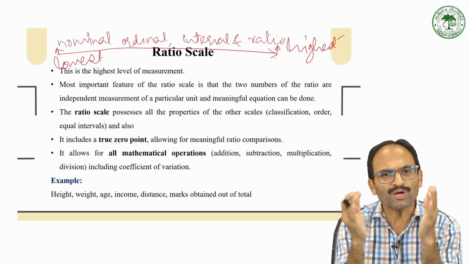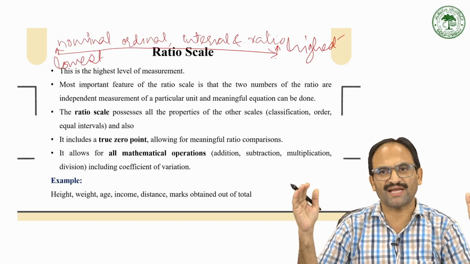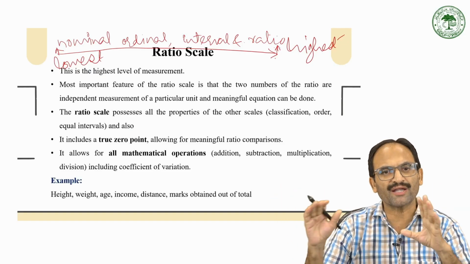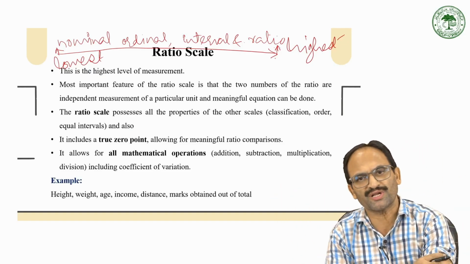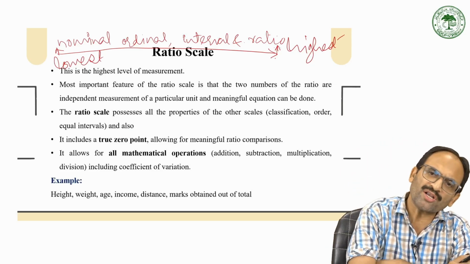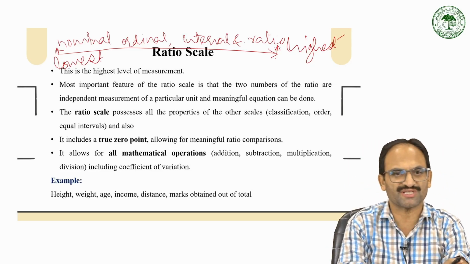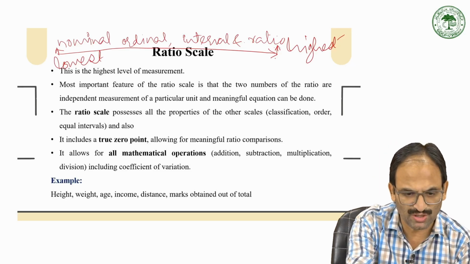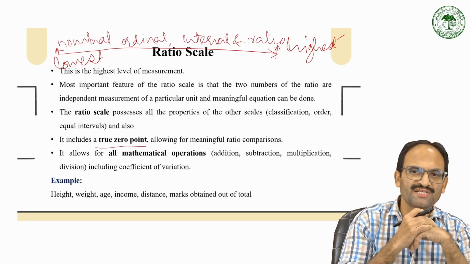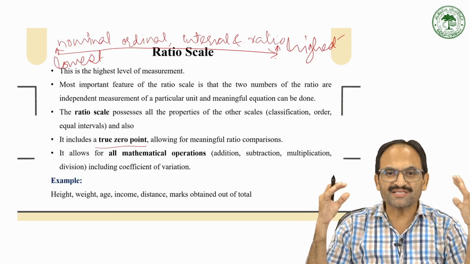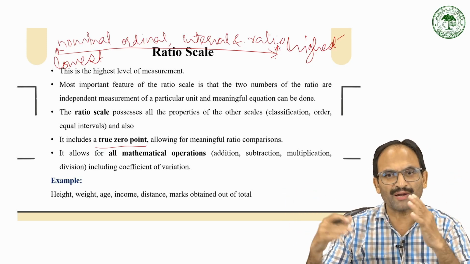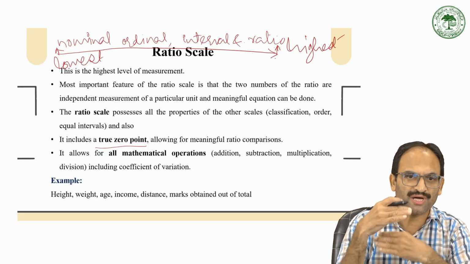And the most important feature of the ratio scale is that the two numbers of the ratio are independent measures of a particular unit and meaningful equations can be done. The most important characteristic of ratio scale is that it includes a zero point, that is, zero is fixed. And since zero is fixed, it allows for meaningful ratio comparisons.